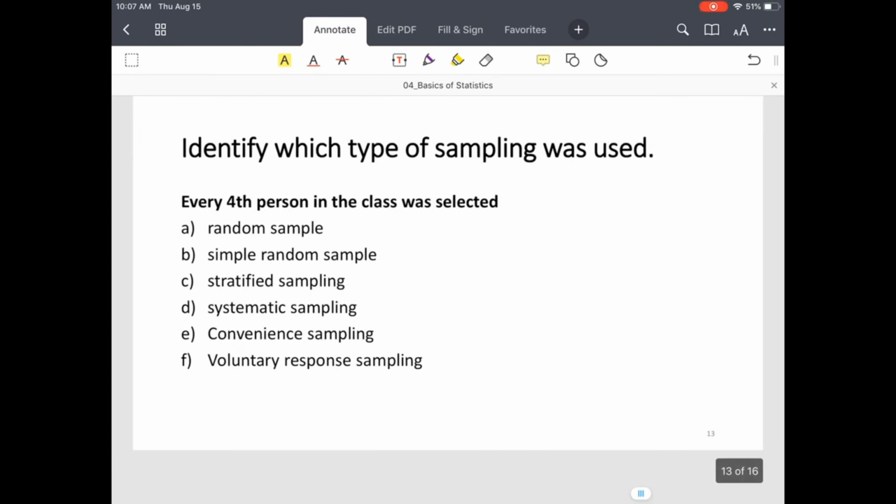All right, now we have every 4th person in the class was selected. So now notice, I've got 4th person, and it's every 4th person. All right, so this is a systematic sample.